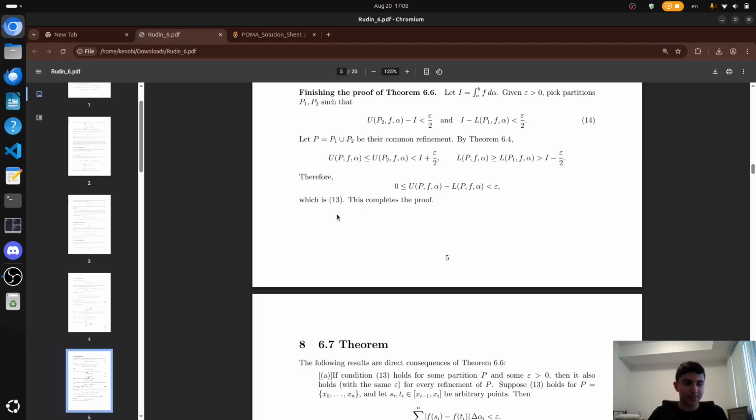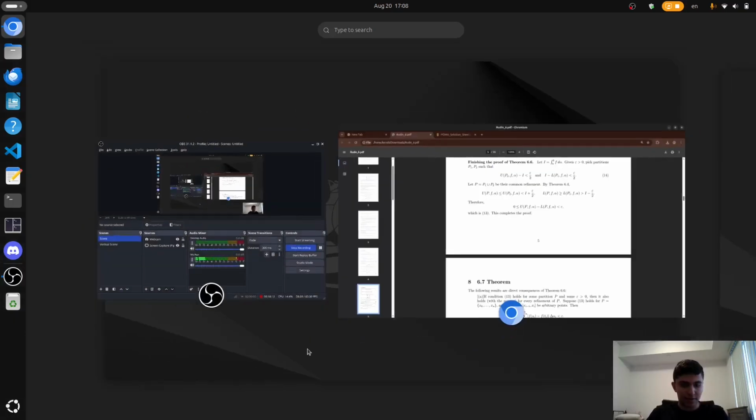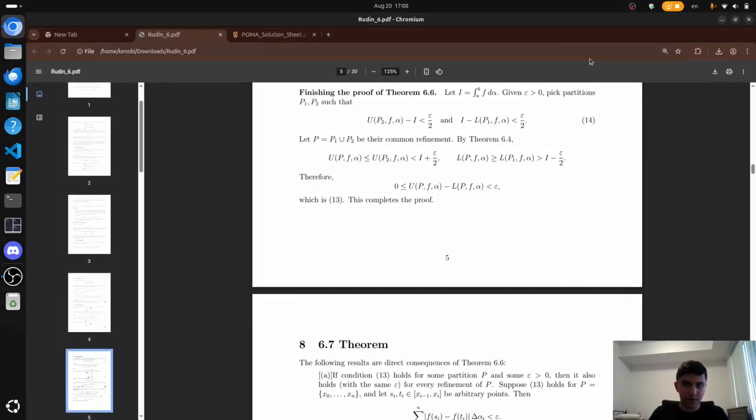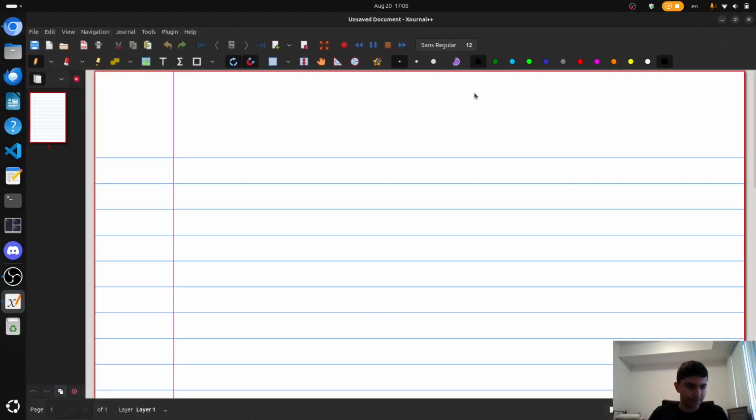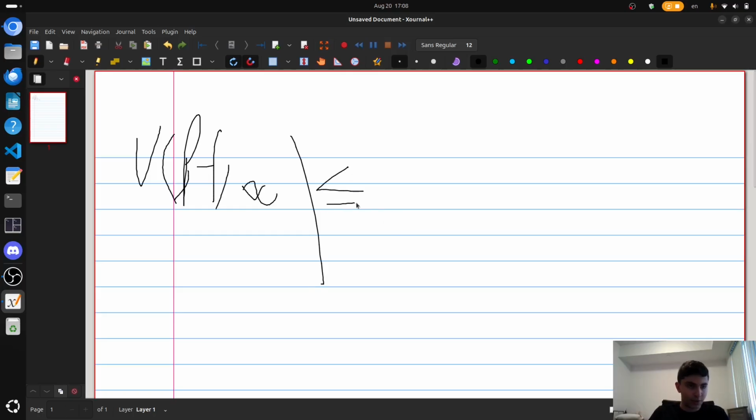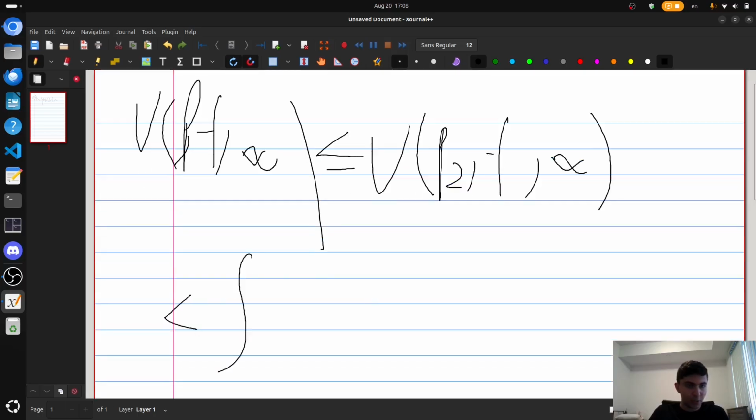When you add these together, let me just write it out. You're going to get that U(P, f, alpha) is less than or equal to U(P2, f, alpha), which is less than the integral of f d alpha plus epsilon over 2.